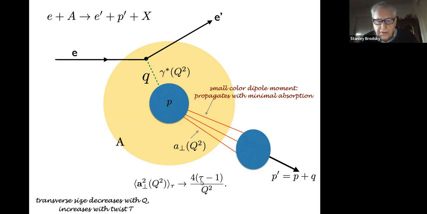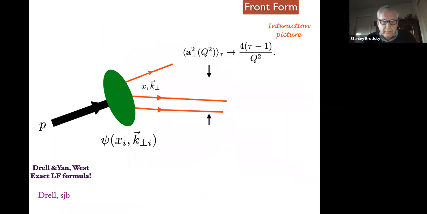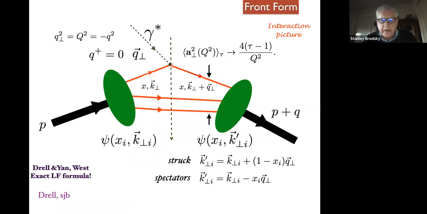But it's also true that the more constituents you have, which is related to the twist of the light front wave function, the bigger the hadron is. So you have to go to higher Q squared to get the same small state, the higher you go in twist.